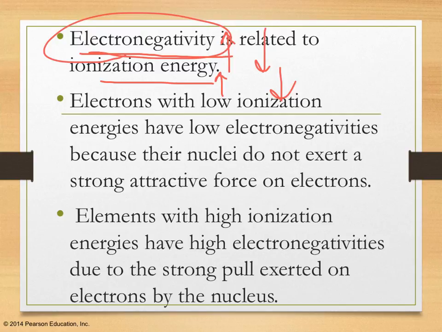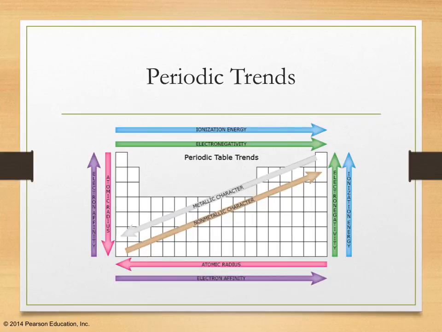All right, so here's the combined periodic table showing all of the trends. As I said, you can see ionization energy and electronegativity have the same trends. They both increase going left to right across the periodic table, and they both increase going from bottom to top.